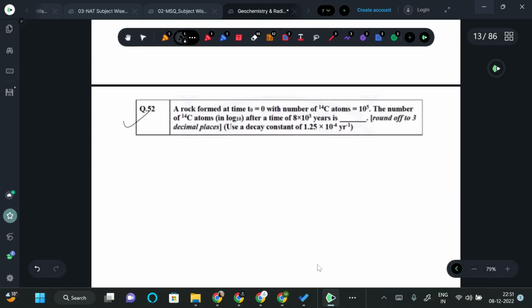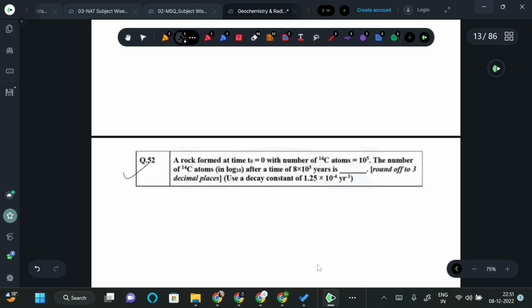Okay, the next question we have here is: a rock formed at time t0 equal to 0 with the number of carbon atoms C14 equal to 10 to the power 5. So the number of C14 atoms, I'll write it here, is equal to 10 to the power 5.